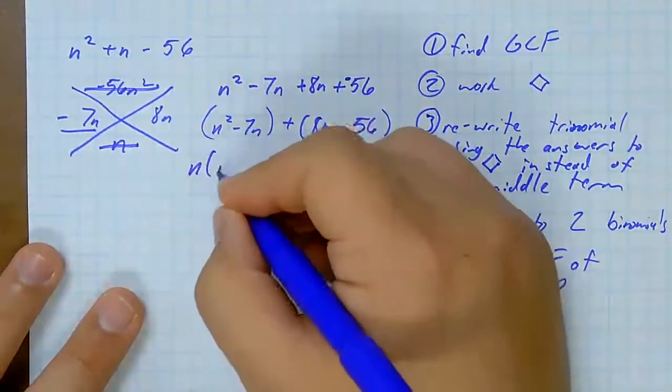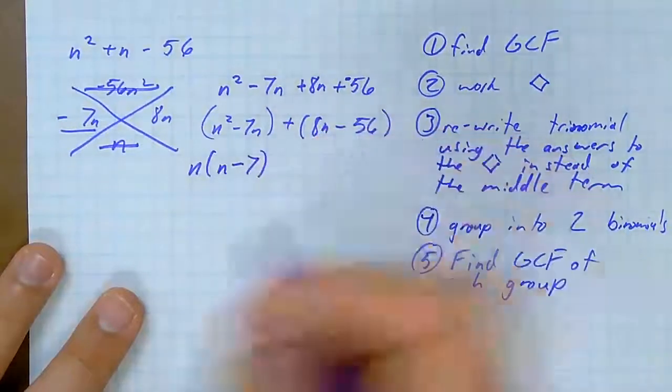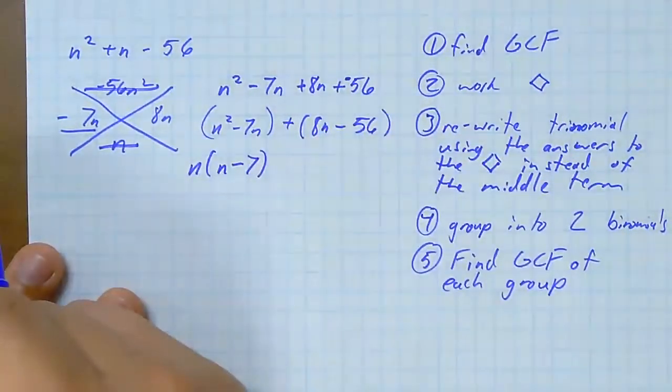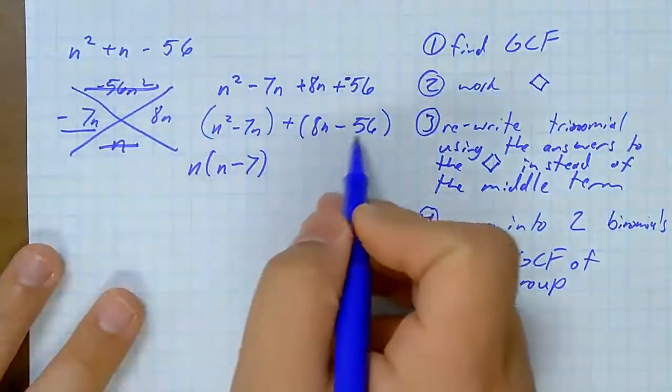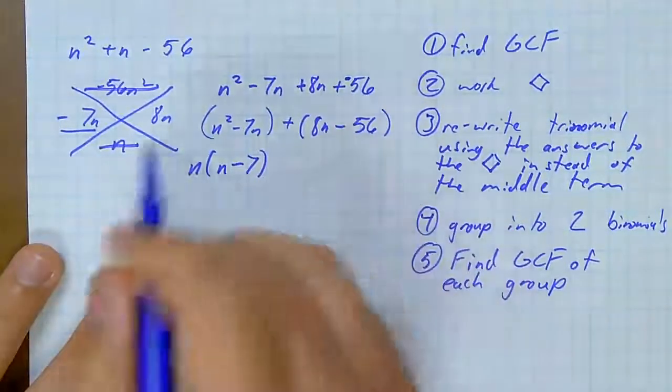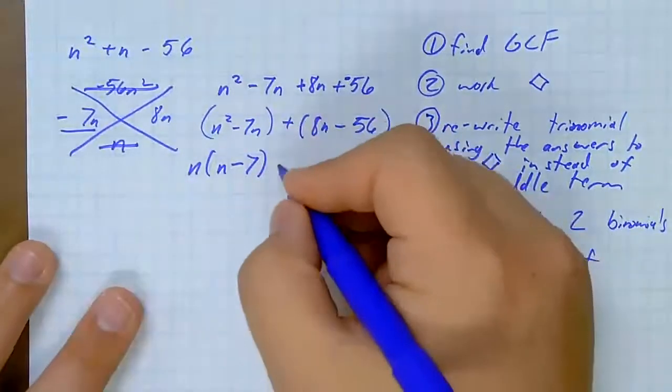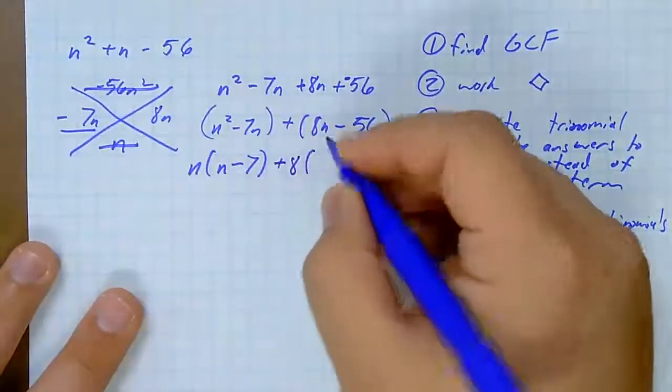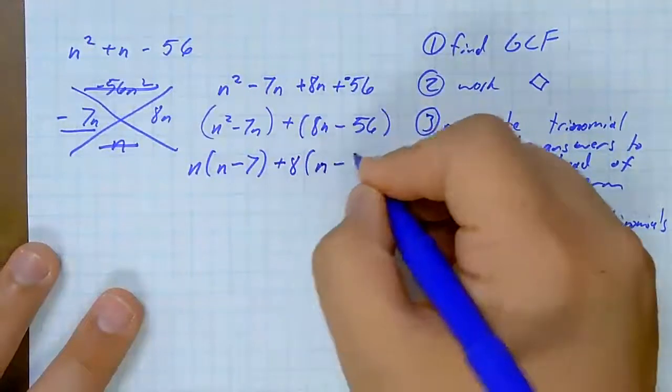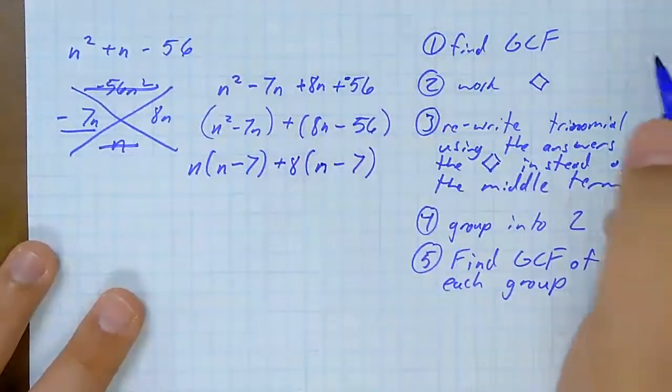So we have n times n minus 7. Now the GCF of our second group, 8n minus 56, is 8. So it's going to be plus 8 times n minus 7.